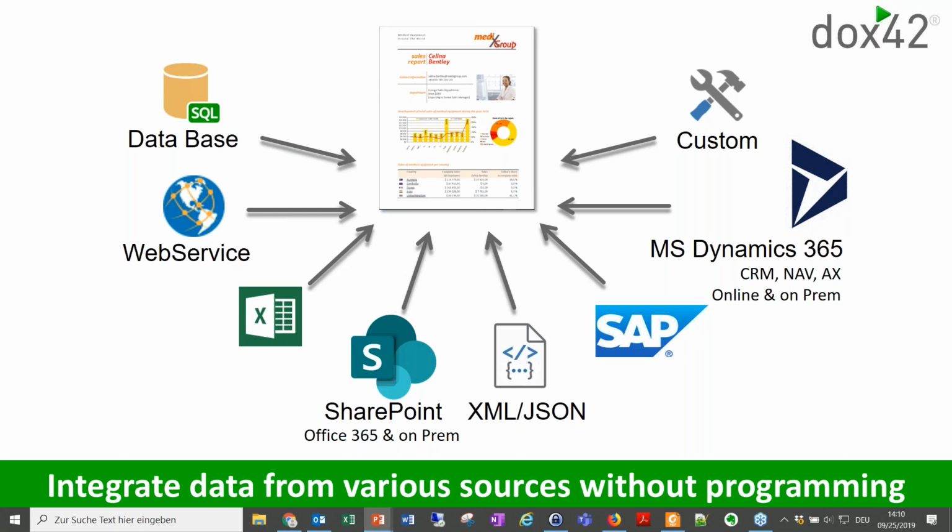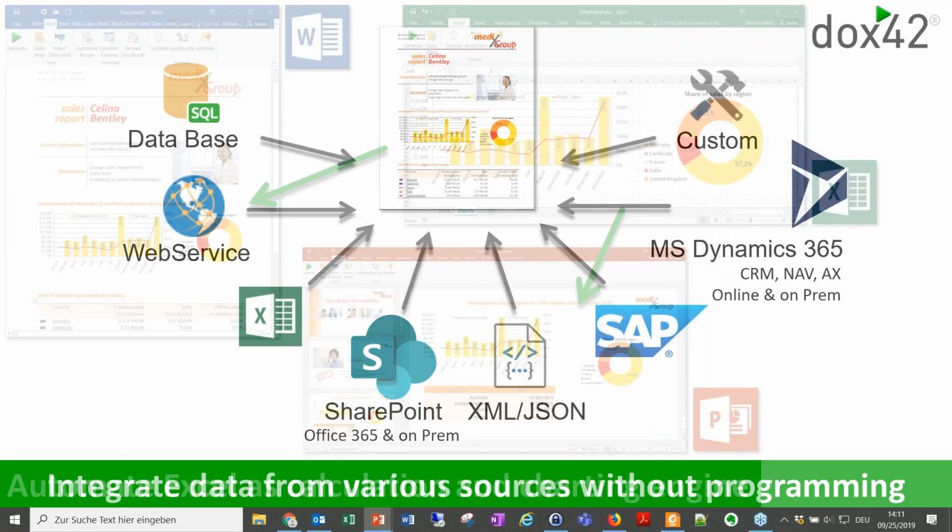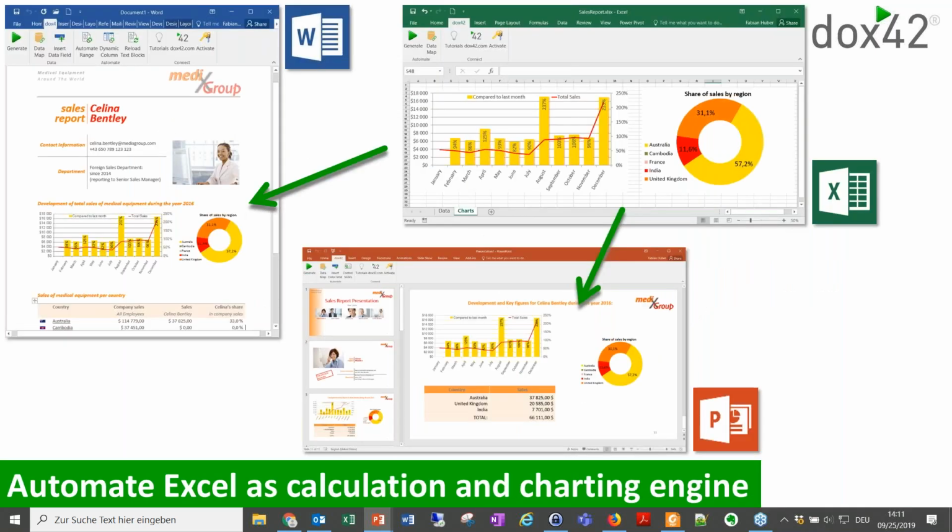So for example, a classic example, Fabian will show you in a few minutes, is how you create a quote out of Dynamics 365 for sales and integrate text modules, presentations, and even Excel calculations from SharePoint. And you can use Excel as a calculation engine. So you can use formulas in Excel to dynamically calculate charts and formulas.